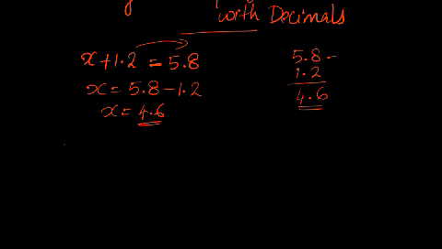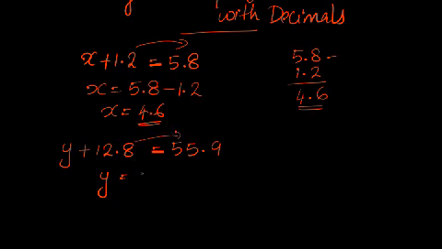Another example, if y plus 12.8 is equal to 55.9. Okay, so how can we find y? Y is equal to, bring this 12.8 from the left side to the right side.